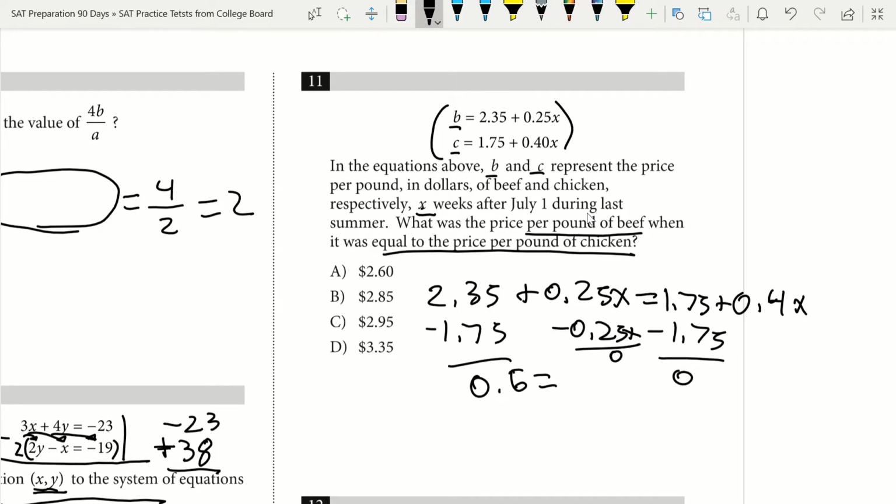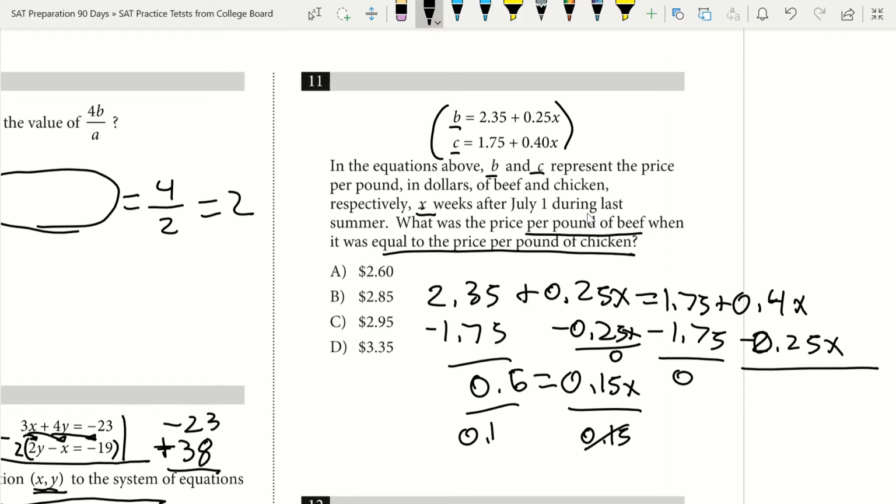Once again, notice how I'm keeping x positive by subtracting the smaller coefficient in front of x. So when I do that, I'm going to have 0.15x is equal to 0.6. I divide each side by 0.15, and we see that 0.6 over 0.15 is 4. Therefore, our x has to equal 4.